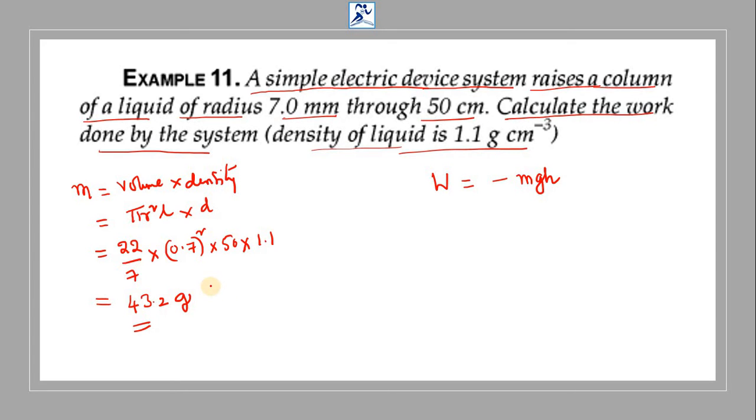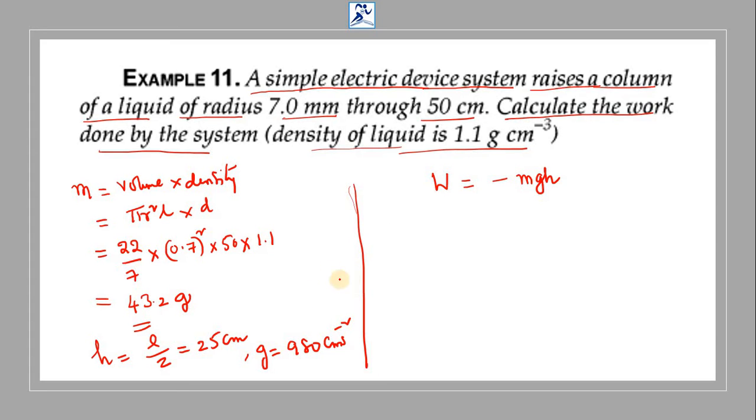Here the center of mass of the column lies at half of its length. That's why when they are asking about h, it will become L by 2. L is 50, so 50 by 2 is 25 centimeters. And moreover g value, the constant value, is 980 centimeter per second square.